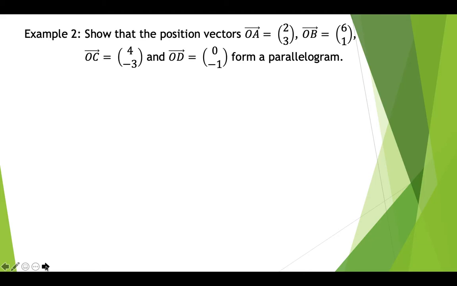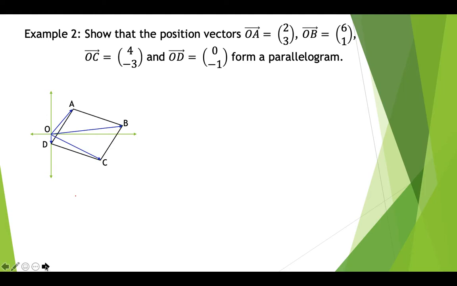So let's start with just our position vectors. So starting from our origin again, so we've got A, B, C, and D. So a little tricky to see at the beginning. A parallelogram will connect the sides, so we know it's going to look something like that.